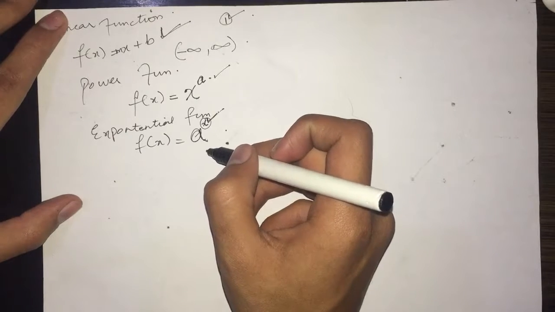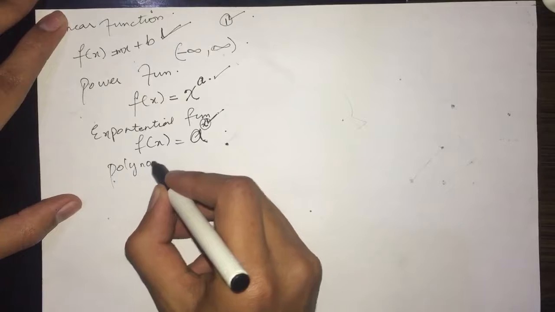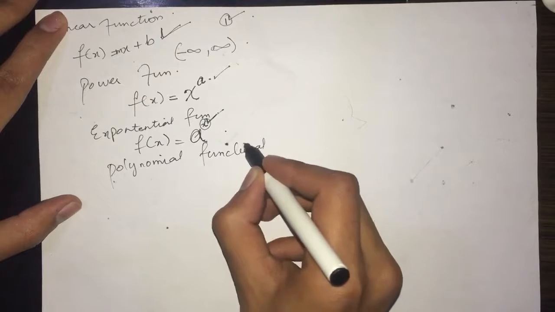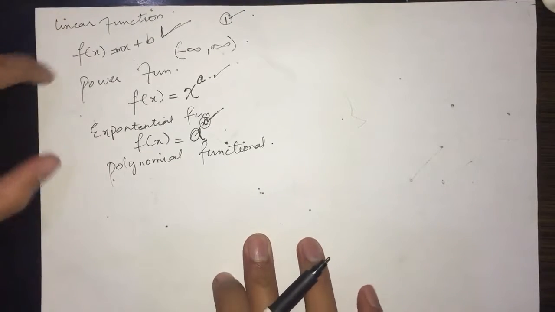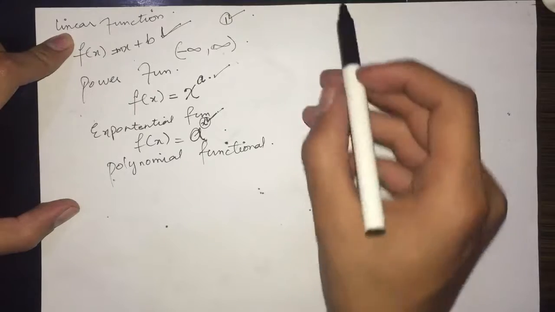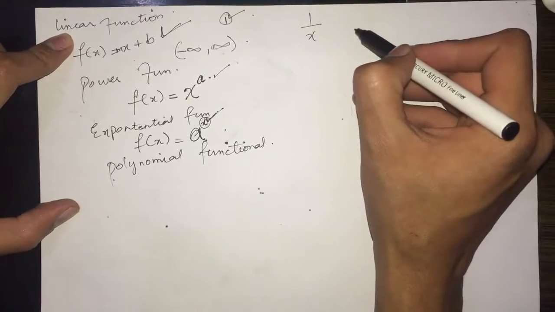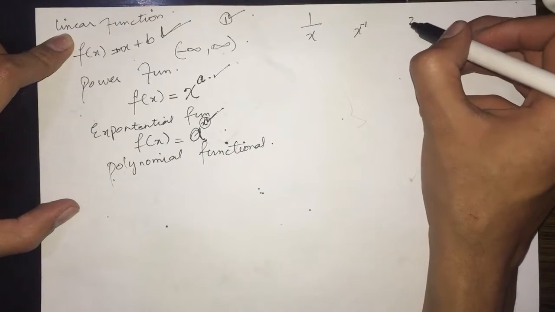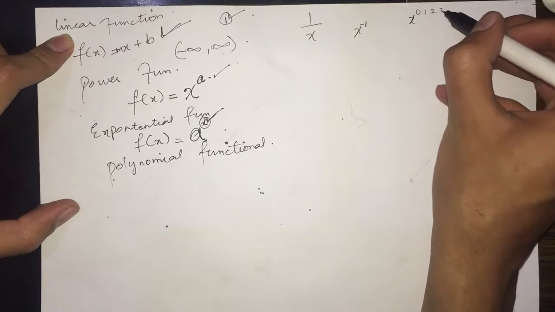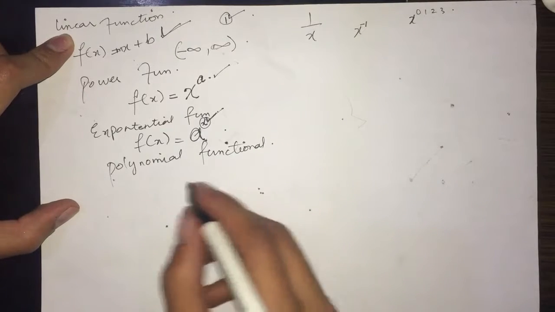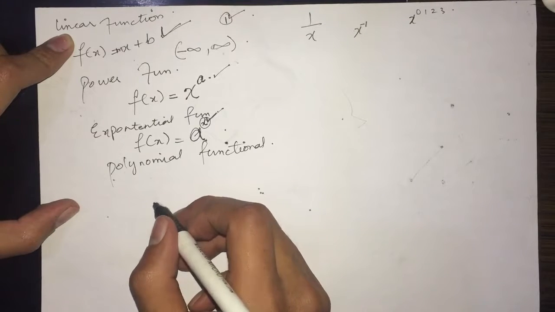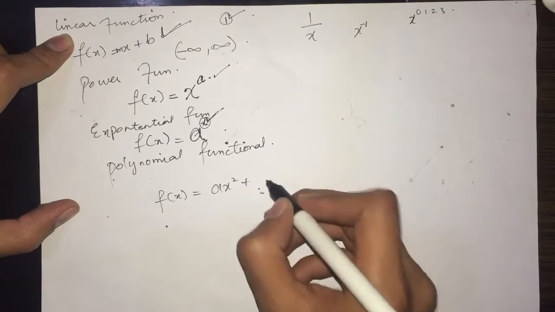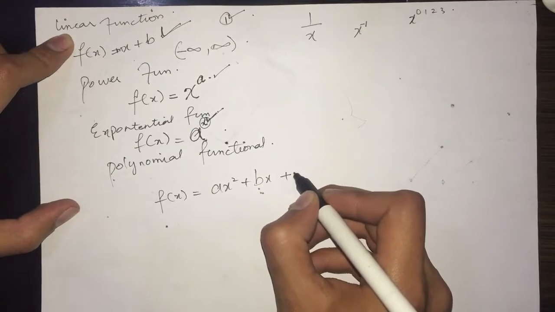Now we have a polynomial function. So what is a polynomial? A polynomial is where you have the exponents of x as whole number powers. It cannot be 1 by x, because the power of x is negative. You always have to keep the power of the variable a whole number, so 0, 1, 2, 3, like this. So any polynomial, for example, f of x equals a x square plus b x plus c.